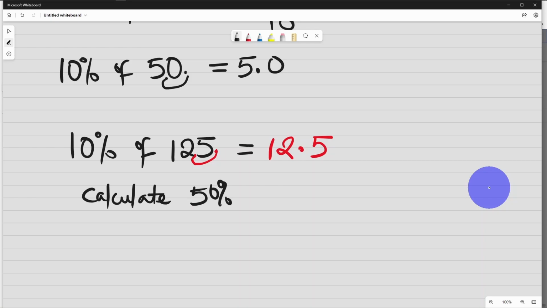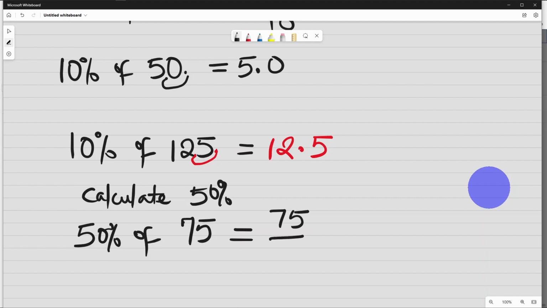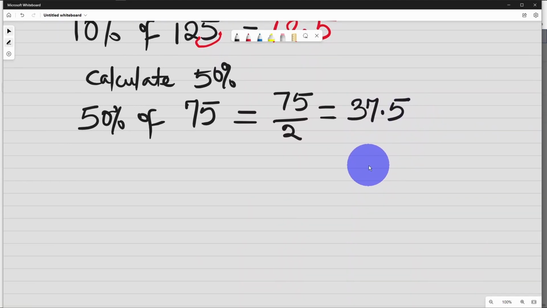So if, for instance, we are to calculate 50% of 75, that is just the same thing as 75 divided by 2, which will give us 37.5. So to calculate 50% of any number, you divide that number by 2.